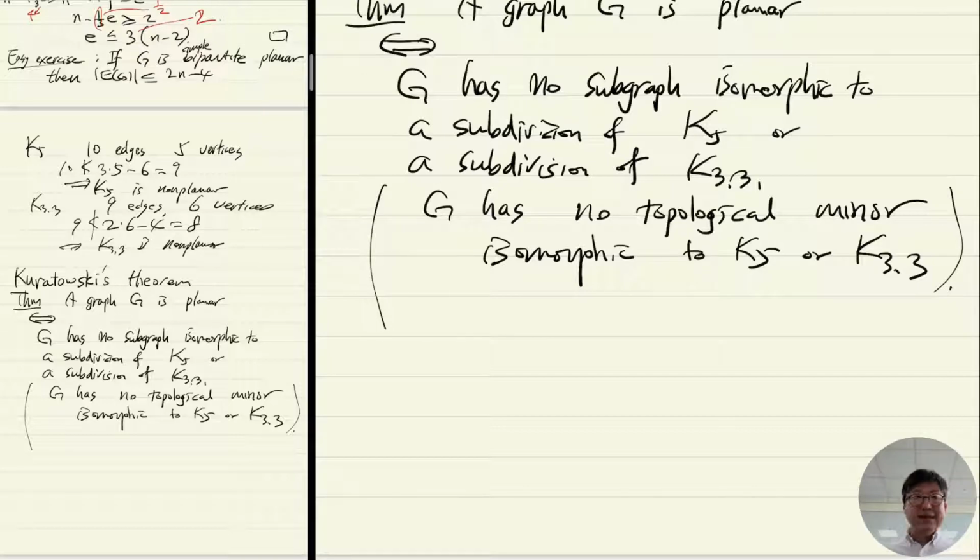However, on the right side, there's nothing about geometry. It just says that you cannot find any subgraph isomorphic to a subdivision of K5 or a subdivision of K33. So this geometric property of graphs can be characterized completely combinatorially. That's the point of Kuratowski's theorem.